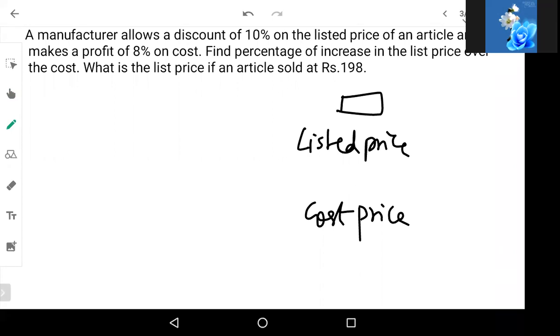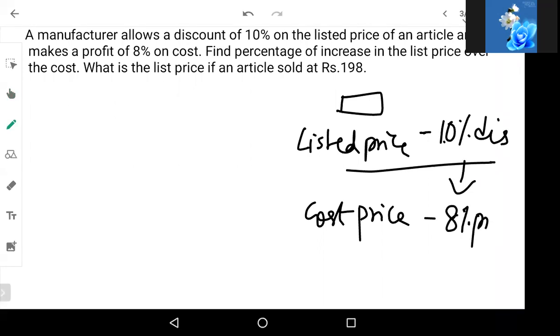Now if he gives 10% discount on listed price, even then he is going to make 8% profit on cost price, which means the cost price will be less. So the manufacturer has increased the price to such an extent that even after giving discount, he is making a profit.